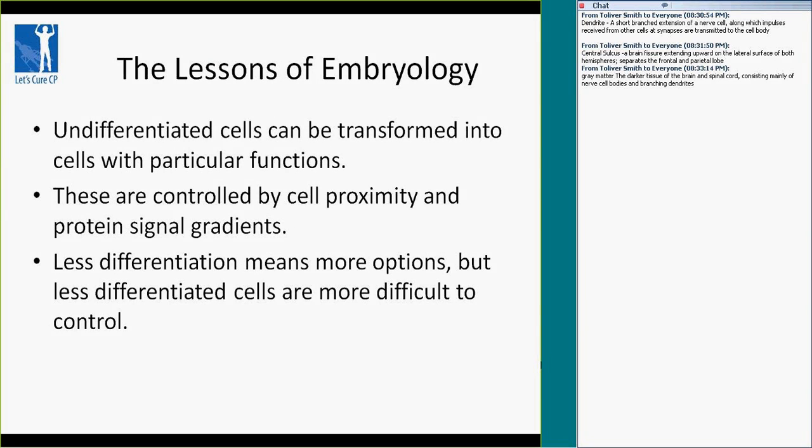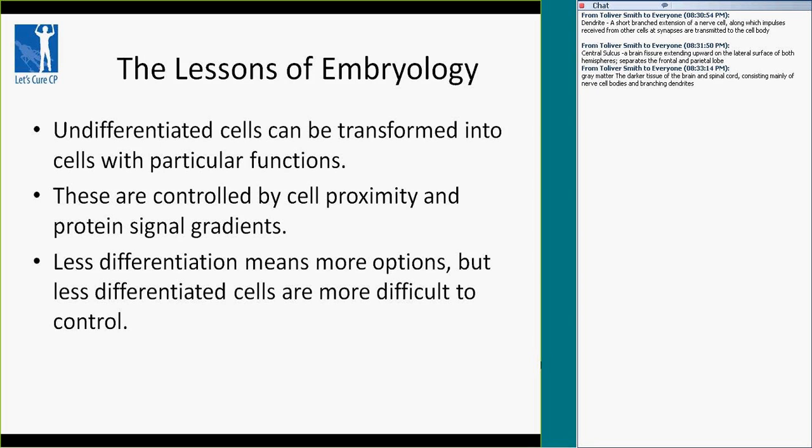Just a quick summary of embryology. What we learn is undifferentiated cells can be transformed into different cells with particular functions. We all came from the same sperm and egg, and over time, those cells, all of these genes, eventually become humans with very, very different cells that do very different things.